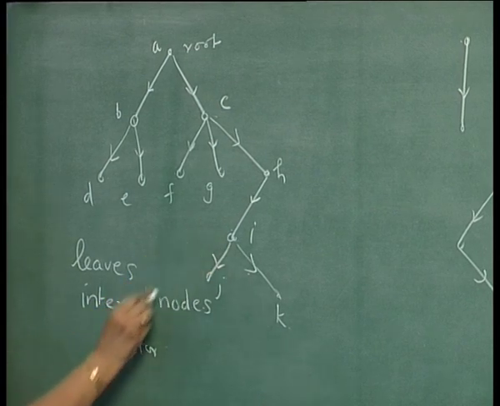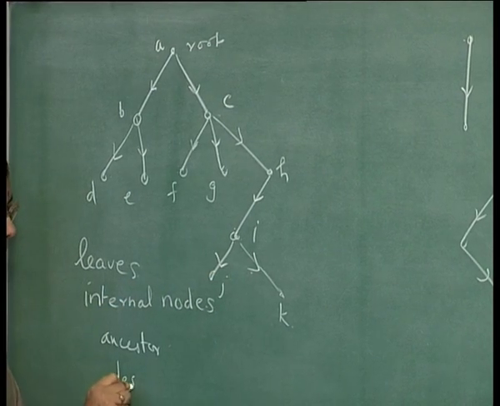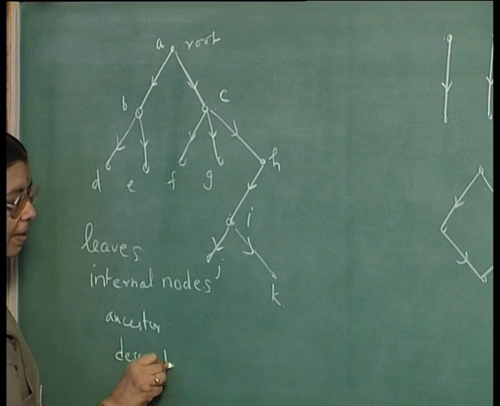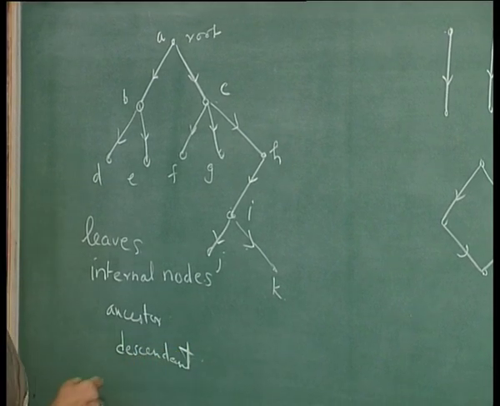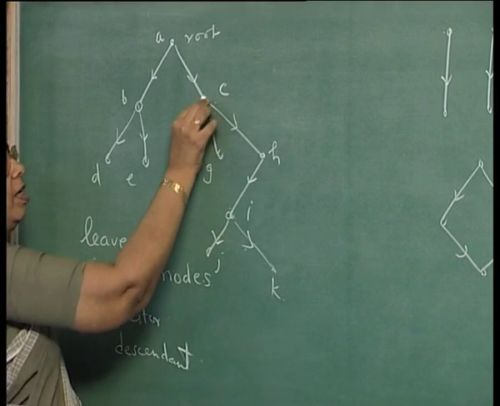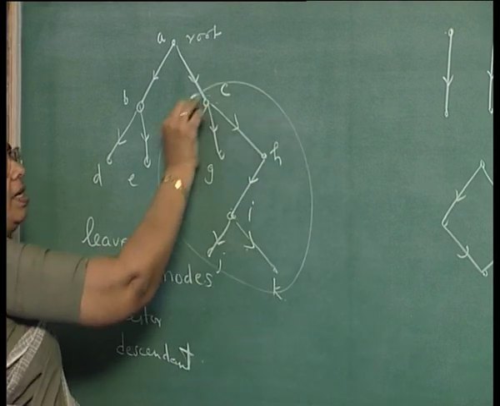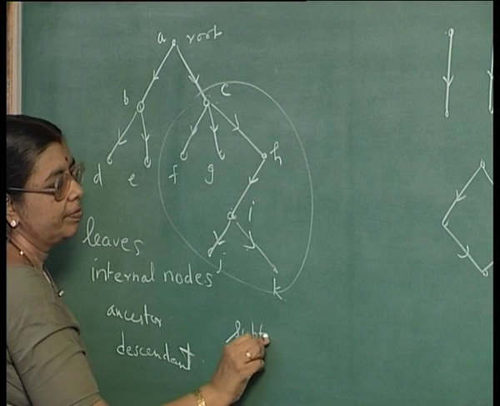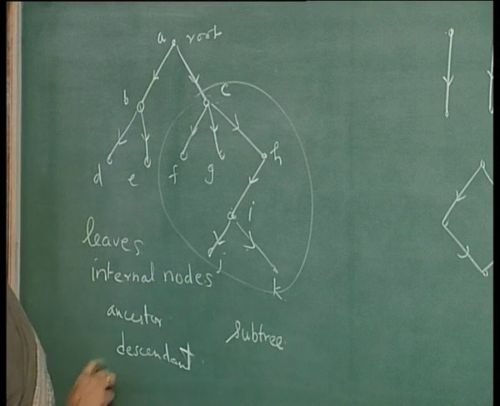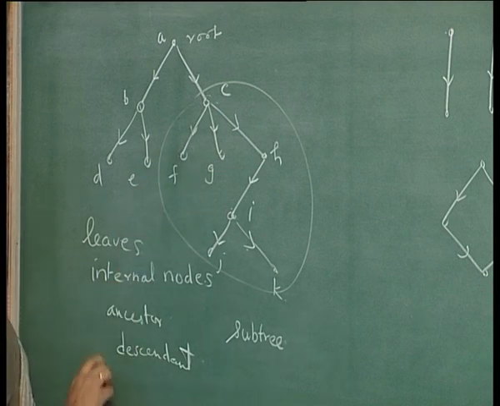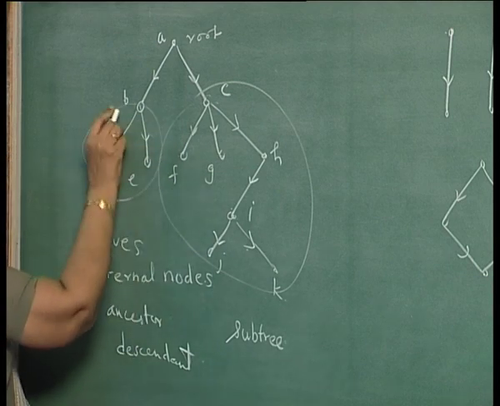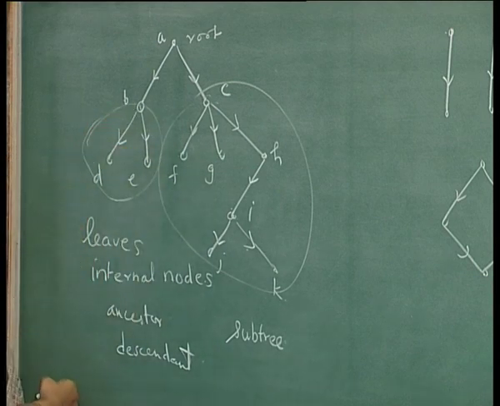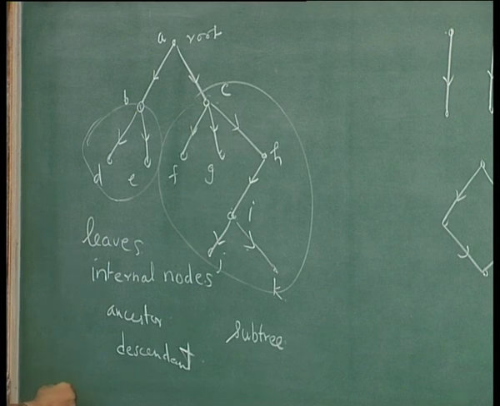I is called a descendant, and look at this portion, this is called a subtree, and the subtree has root at C. Similarly, if you take this, this is a subtree, and this subtree has a root at B.